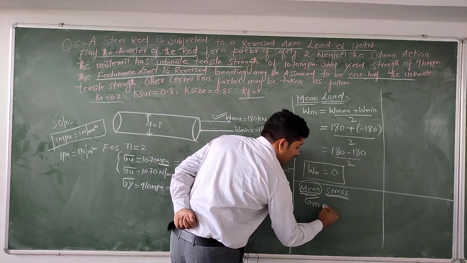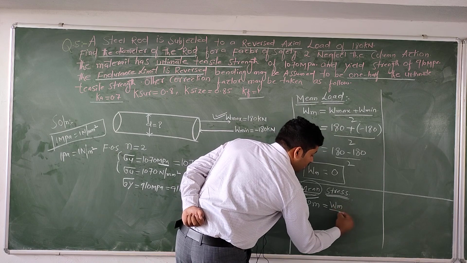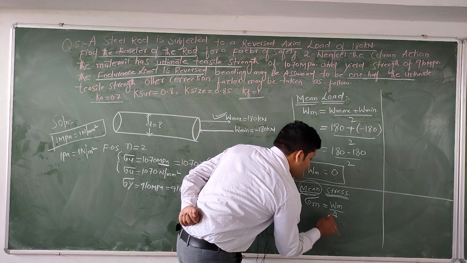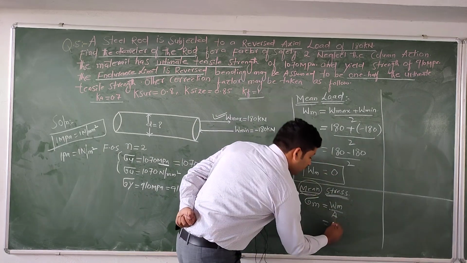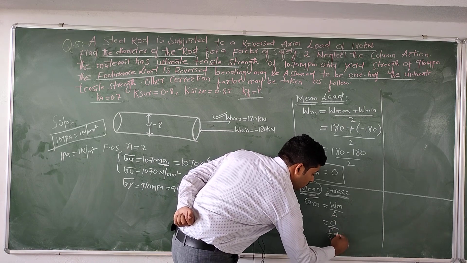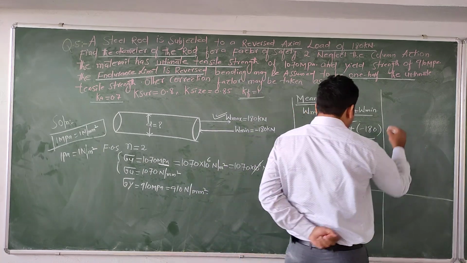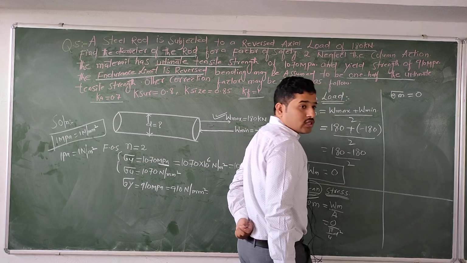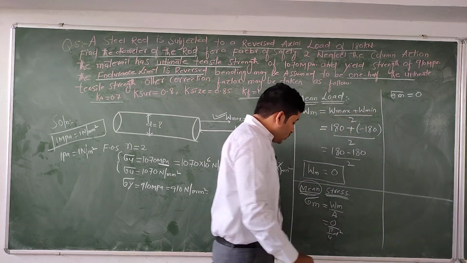Sigma m equal to mean load Wm by total area A. Is it right? Then here the mean load, how much do we get? 0 Newton. Is it right? Then 0. The area formula is pi by 4 into d square. Is it right? If you divide this, then you will get the mean stress value is 0. Is it right?